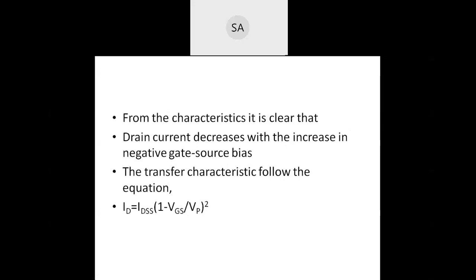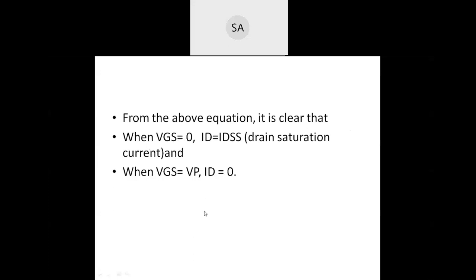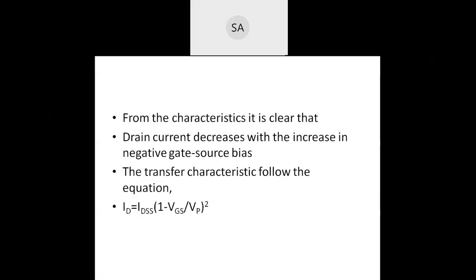The transfer characteristics follow the equation we discussed in the last session: ID is equal to IDSS times (1 minus VGS by VP) whole squared. From this equation, it is clear that when VGS is equal to 0, then ID is equal to IDSS.